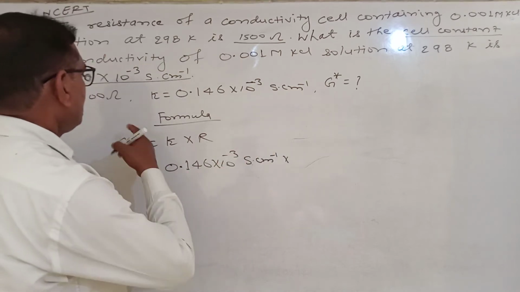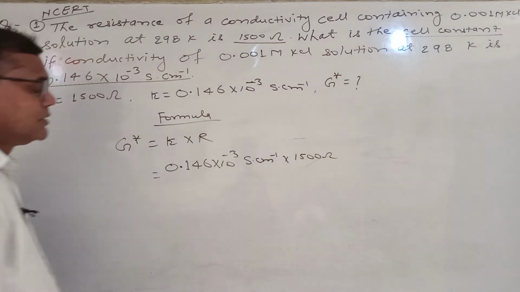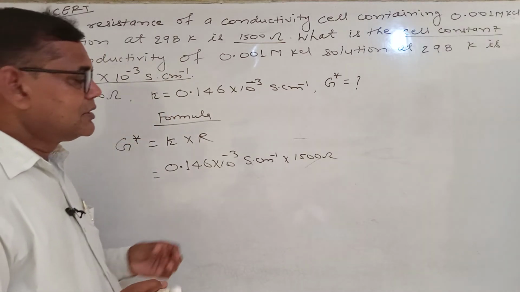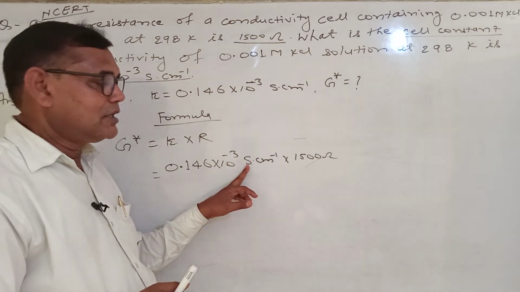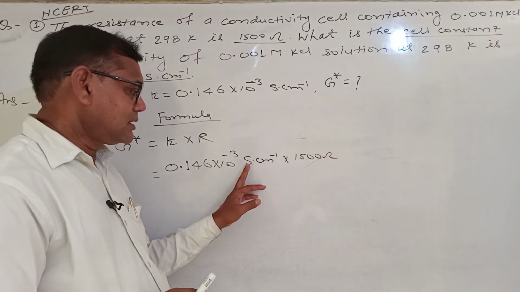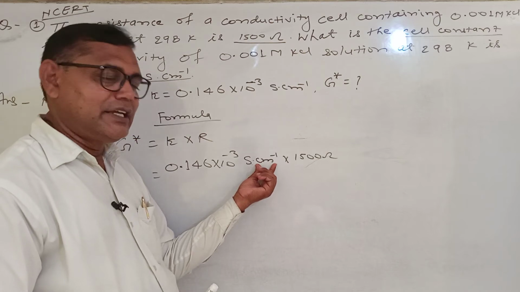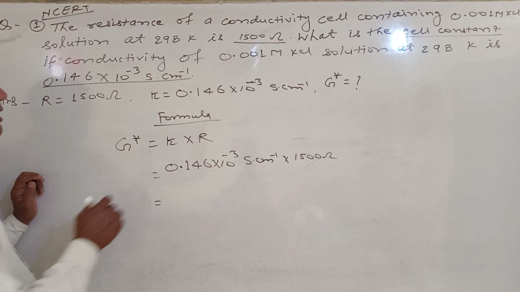The value of R is equal to 1500 ohm. Now we solve the unit. It is ohm inverse and it is ohm. Siemens and ohm cancel out, cm inverse remains.